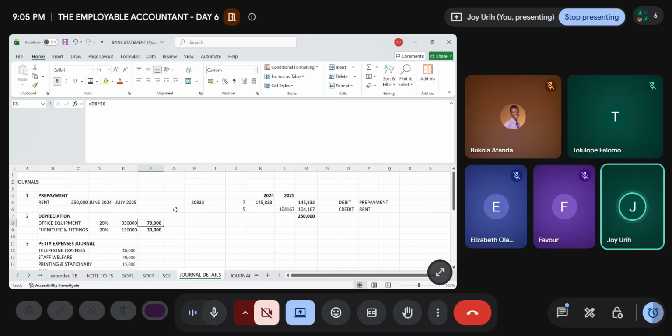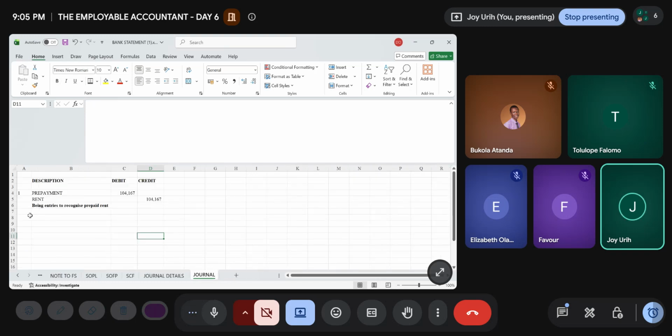So depreciation is an expense, accumulated depreciation is more like a liability that we are going to use to reduce the cost to get our net book value. So we'll go to our journal sheets and do the adjustment.